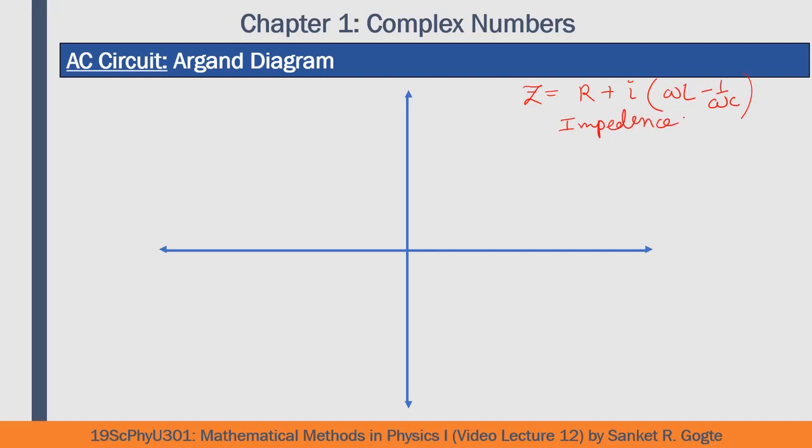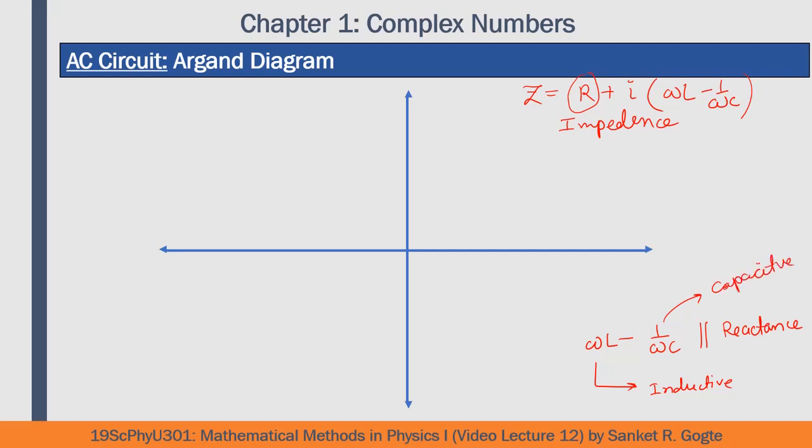Therefore, impedance of LCR circuit can be written as a complex number with its real part as R, which is resistance in the circuit, and the imaginary part is omega L minus 1 by omega c. This is called as the reactance in the circuit. The first term is inductive reactance, and the second term is the capacitive reactance.